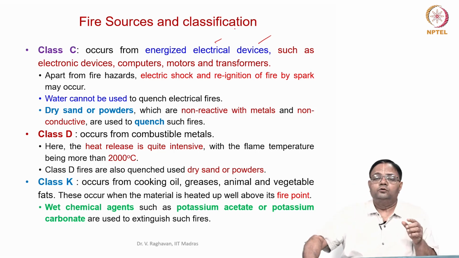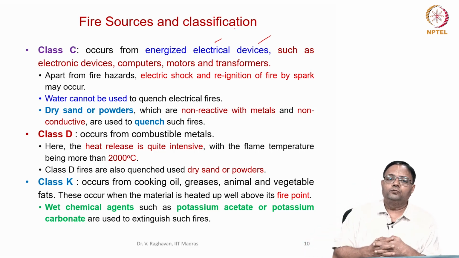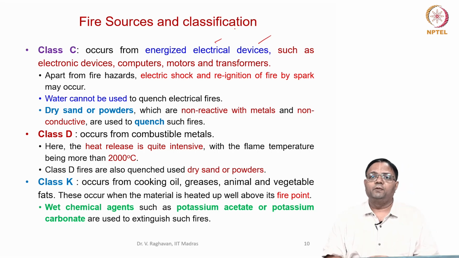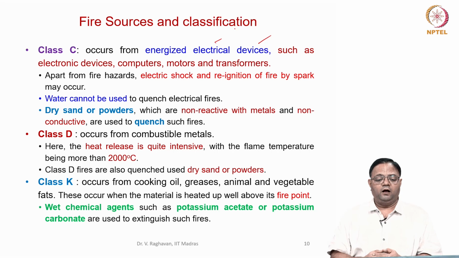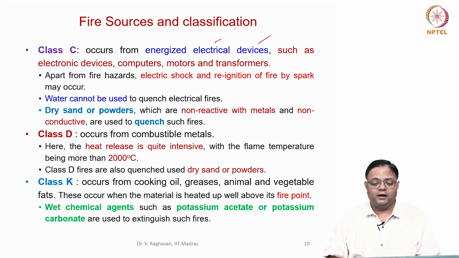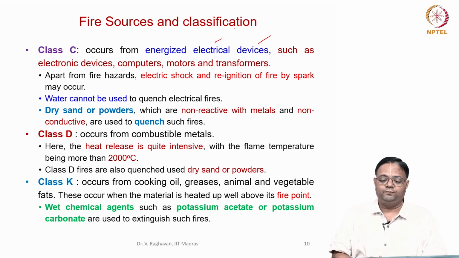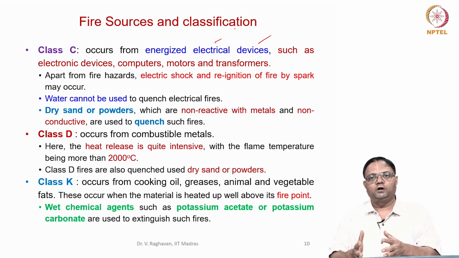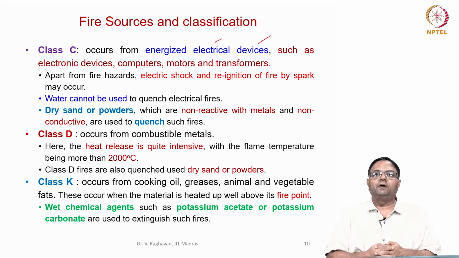So electrical fires occur due to, say, an electrical short circuit or something like that. That means there is a chance of getting electrical shock. Then a spark can be produced which can reignite the fire. When the fuel and oxygen are present in some proportion and a spark is produced, it may reignite.